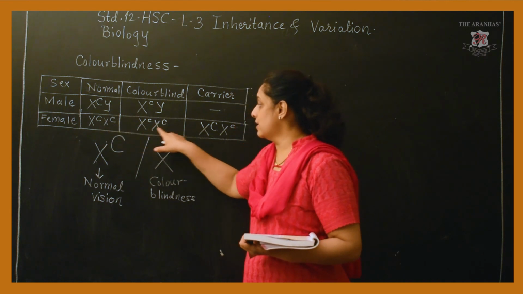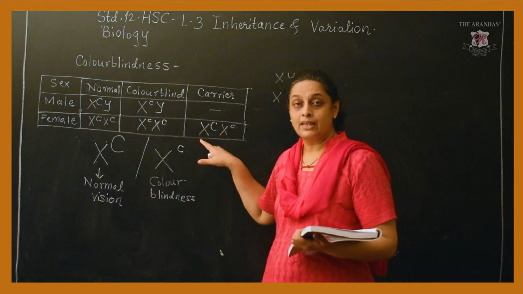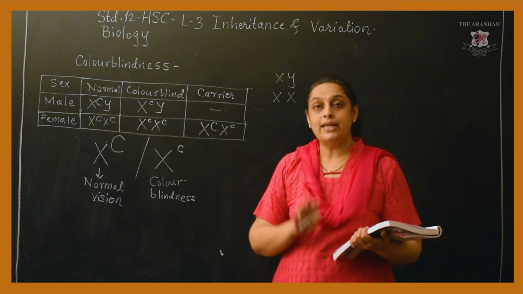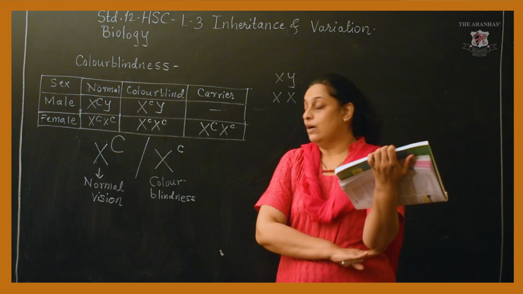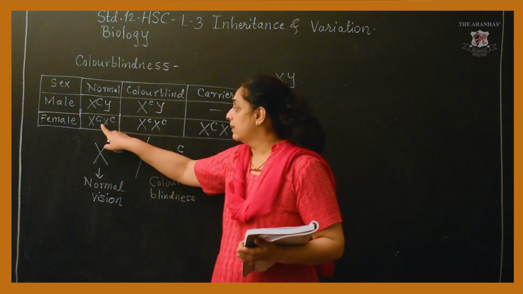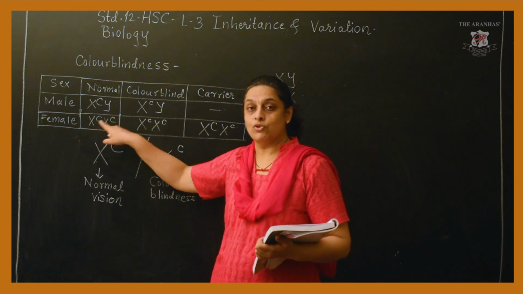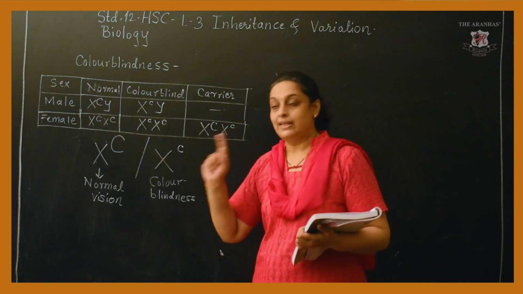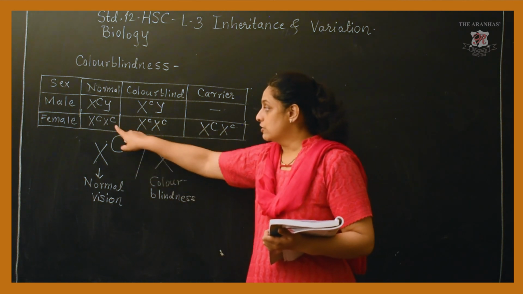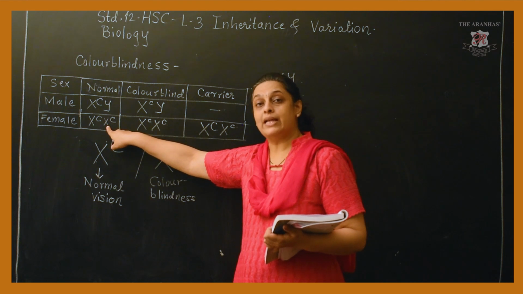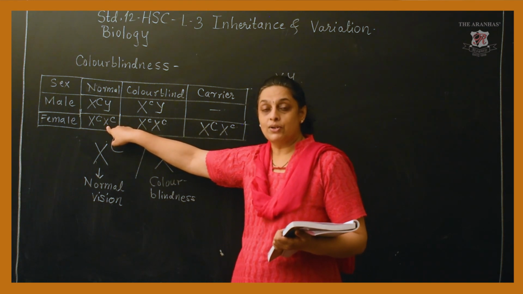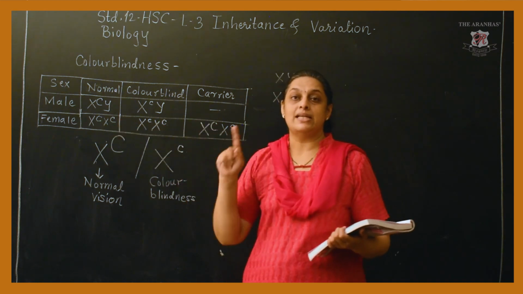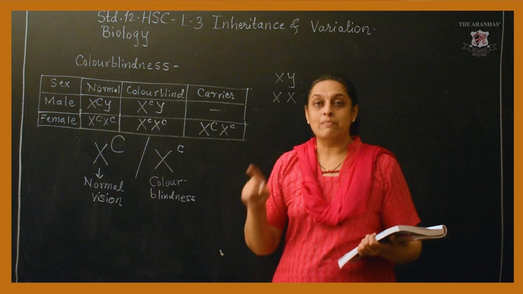But now in females, let us see. Females have both X chromosomes in them. Now when there are two X chromosomes, there are three possibilities. The first possibility is both X chromosomes have the normal dominant gene, capital C. When both capital C genes for normal vision are present, then that female is said to have normal vision.